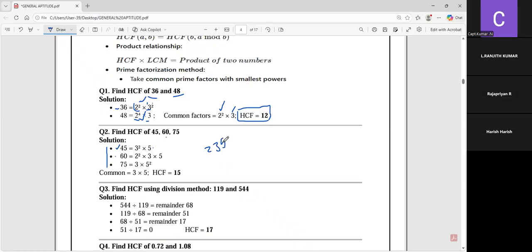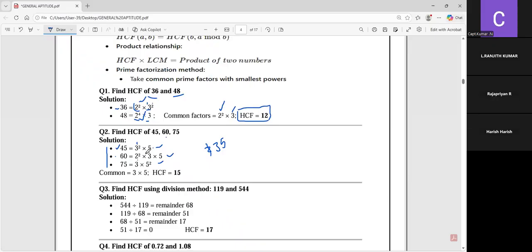So for 2, see the first number, no 2s are present. Only in the second is 2 power of 2 present, and in the third no 2s are present. So I'm going to remove it. The factor should be present in all the sets, only that I'm going to take.